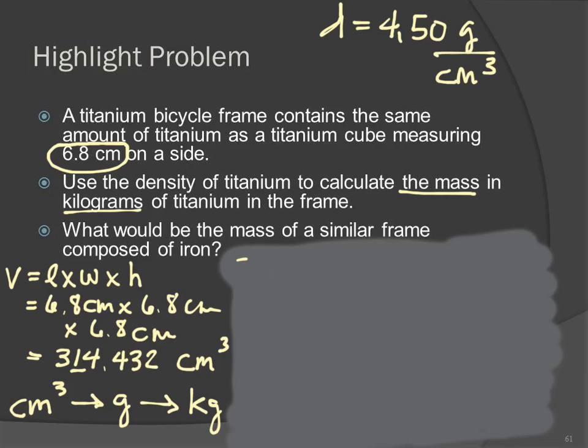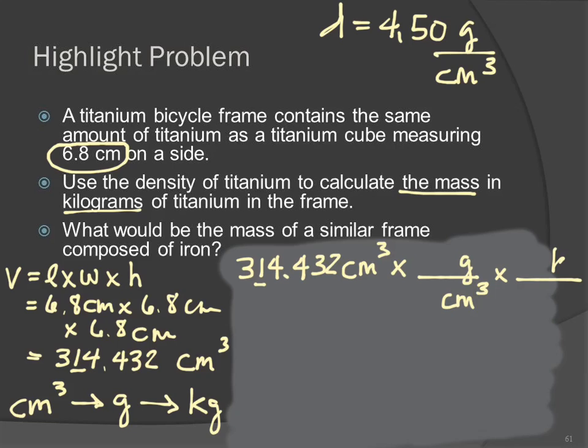I'm going to write down what I had here for the volume, 314.432 cubic centimeters. And I'm underlining the 1 to remind myself that number has 2 significant figures. Now I'm going to multiply by grams over cubic centimeters, and I'm going to multiply by kilograms over grams. So our path was cubic centimeters to grams to kilograms.